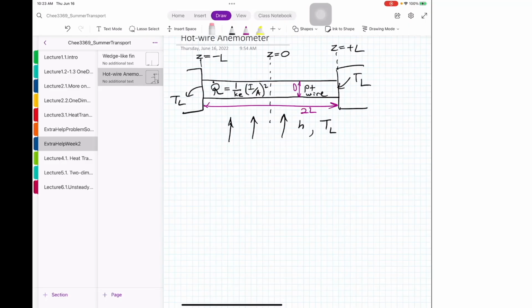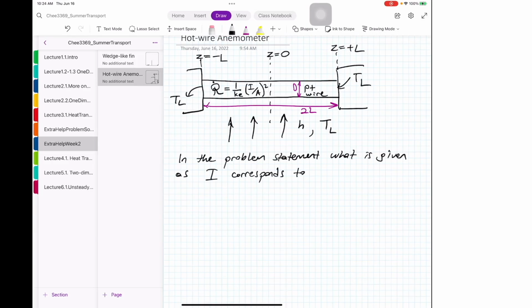Basically, the nomenclature: the I in the problem statement corresponds to I over A in our earlier notation.